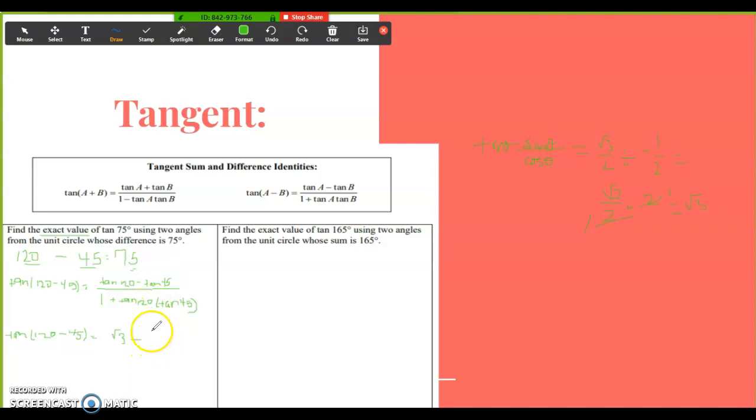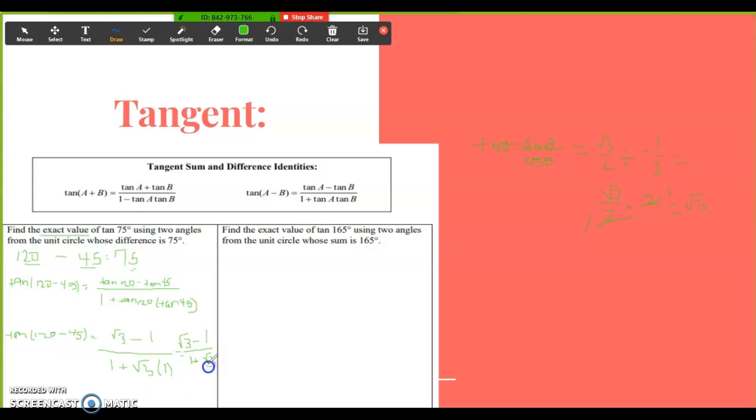So the tangent of 45 is 1. And this is over 1 plus the tangent of 120, which we know is radical 3, times a 1. So let's simplify this. I would have radical 3 minus 1 over 1 plus radical 3.